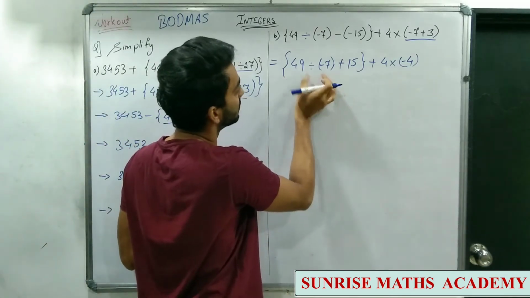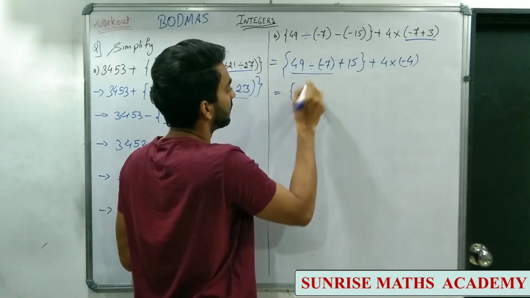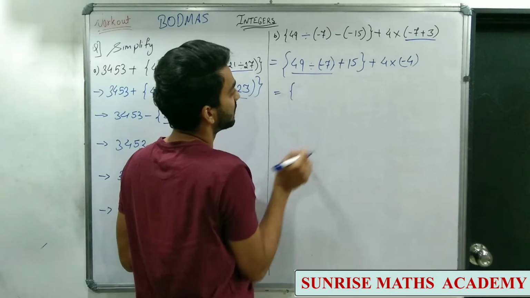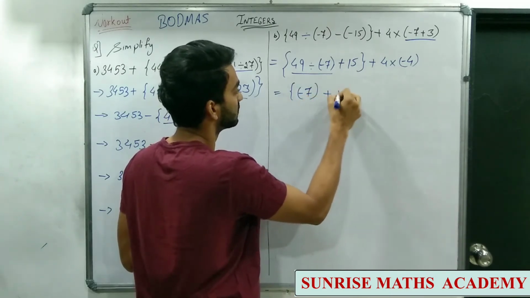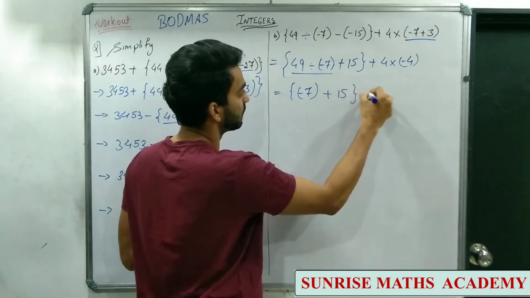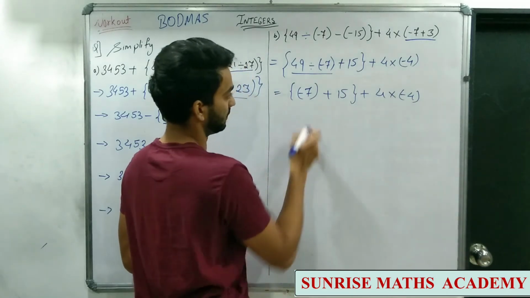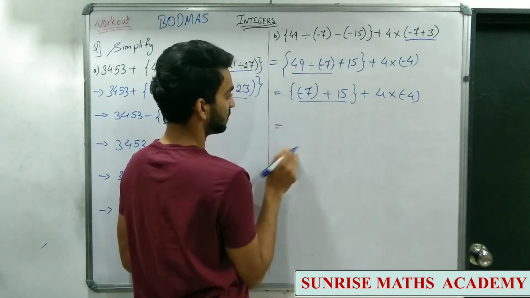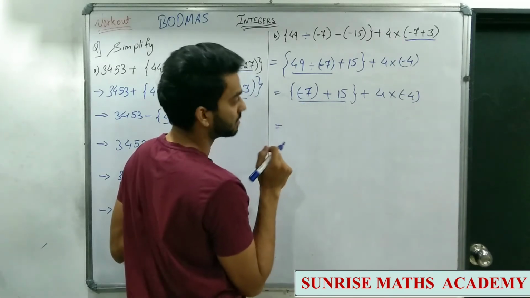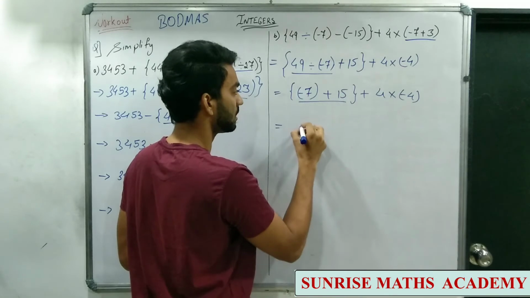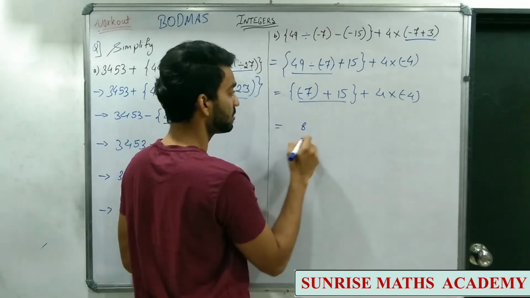Then in this bracket, this is division, this is addition, so we will solve the division first. 49 divided by 7 is 7, minus plus is minus. So minus 7 plus 15 plus 4 into minus 4. Then in this bracket, addition: minus plus is minus, so 15 minus 7 is 8, and the greater number is positive.